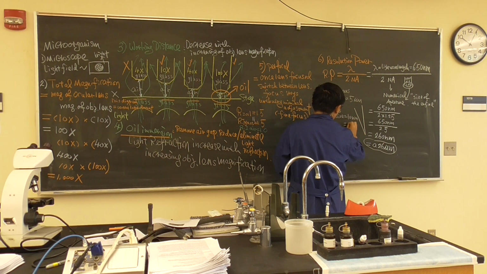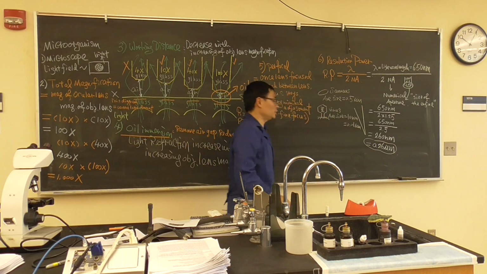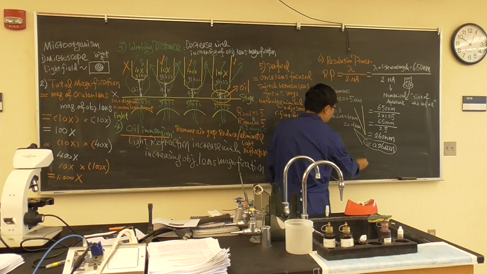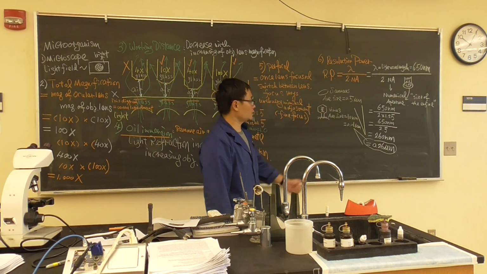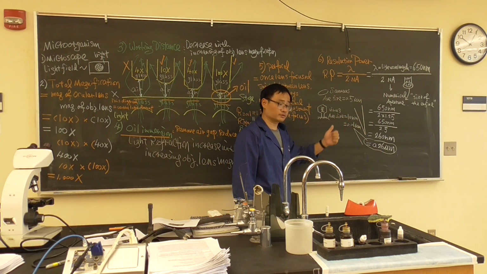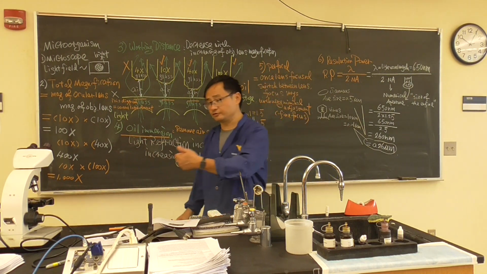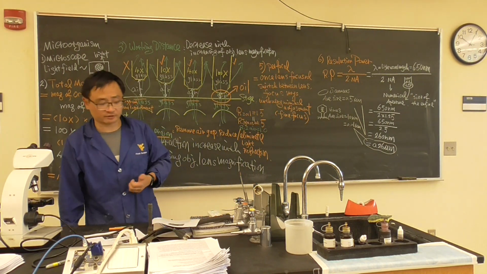That means 0.01 micrometer. Can we do the observation? No. Because the resolution power is larger than the average size of a virus. So basically for the virus, we cannot use a light field microscope to do the observation.